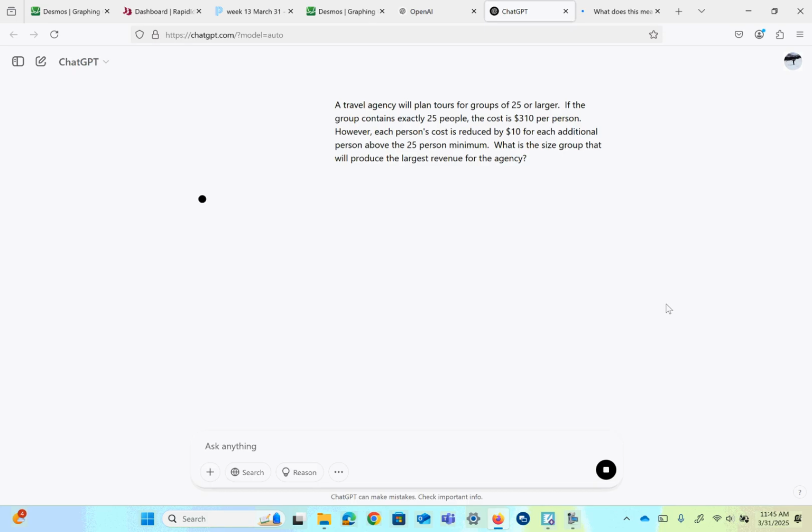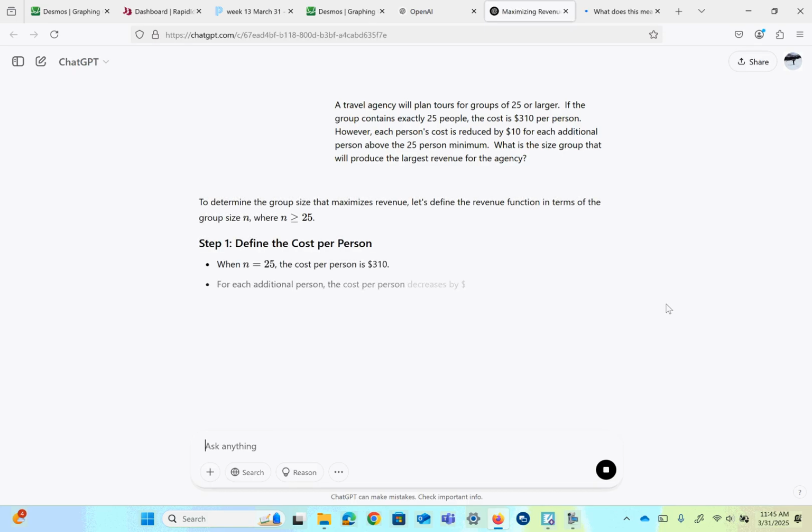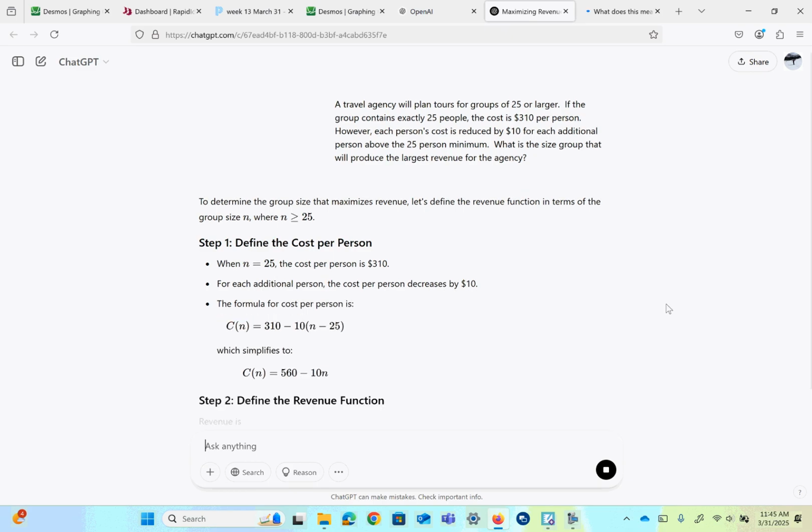And I think this is just a logical way of, sometimes if you read something and you're not sure, I think AI can definitely be a powerful tool for you. And it's given us, looks like the math thing says, to determine the group size and maximize revenue, let's define the revenue function in terms of group size where n is greater than 25.